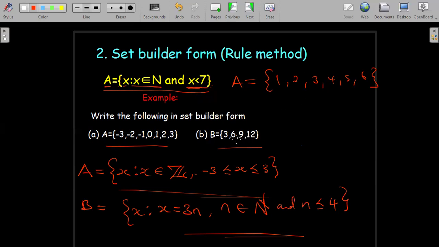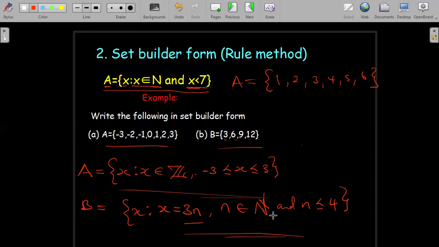Here you can see there's a pattern, that they are all multiples of 3. So x is a multiple of 3. That's why we wrote 3n, because for whatever n I put here, from 1 to 4, I'll get this set. And that's the reason I said n is a natural number, because natural numbers start from 1 going to infinity.